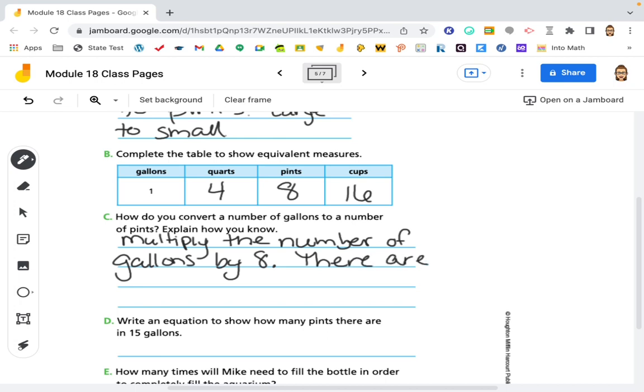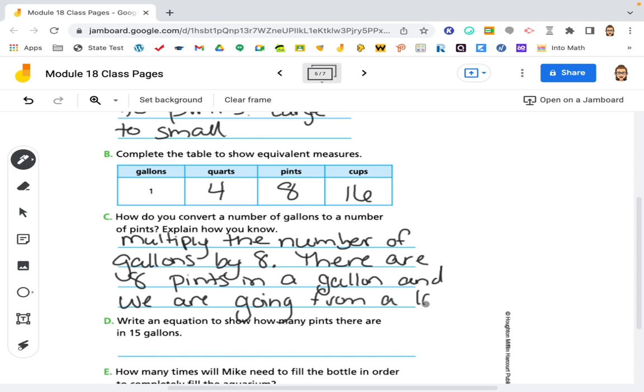There are 8 pints in a gallon, and we are going from a larger unit to a smaller unit.